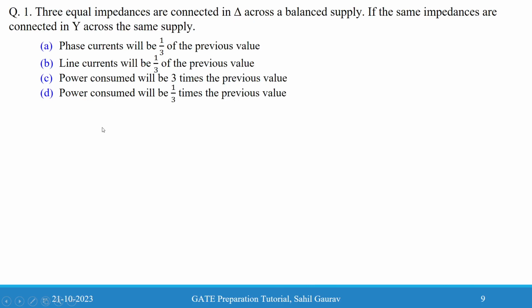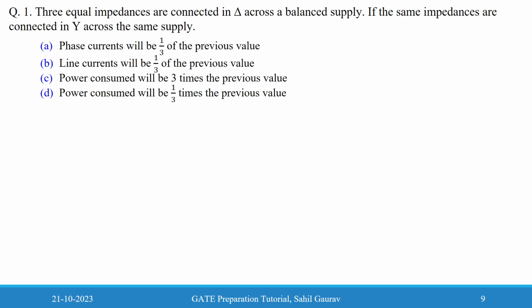Now we will solve some problems. The first problem is: three equal impedances are connected in delta across a balanced supply. If the same impedances are connected in star across the same supply, what are the correct options? This is a multiple select question.